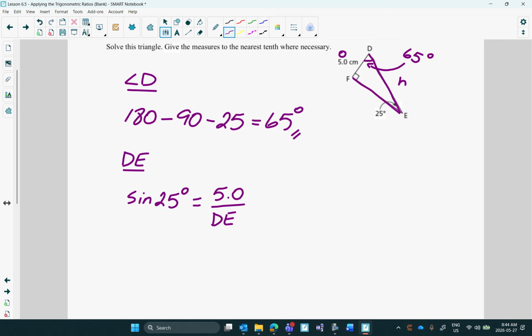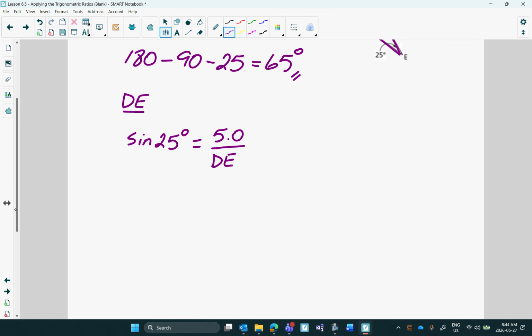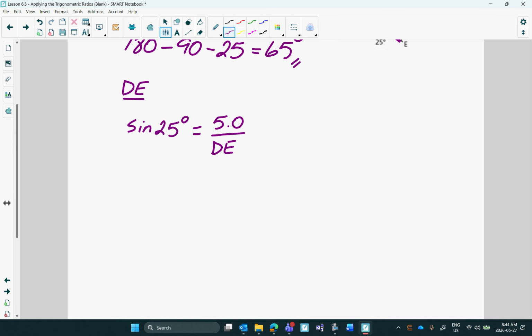Okay? How do I start solving this? Times DE. That gets rid of the fraction.